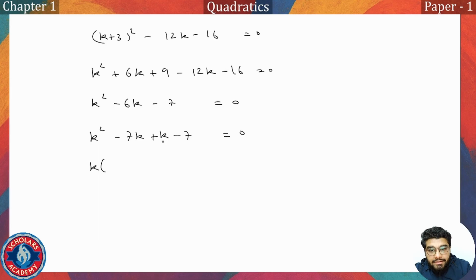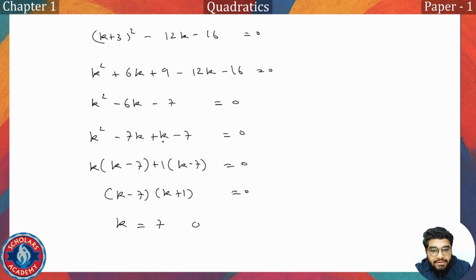Taking k common, k minus 7, and taking 1 common, k minus 7 is equal to 0. So (k minus 7)(k plus 1) is equal to 0. We get k is equal to 7 or k is equal to minus 1. So these are the two values of k that we can get. I hope it is clear. Let's move forward.